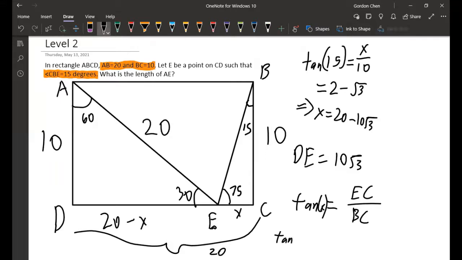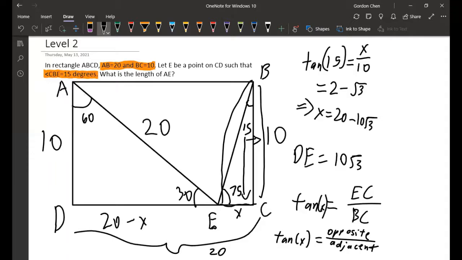So we have tangent of 15, where the opposite of this 15 is EC, which is x, and the adjacent, which is this, is equal to 10.